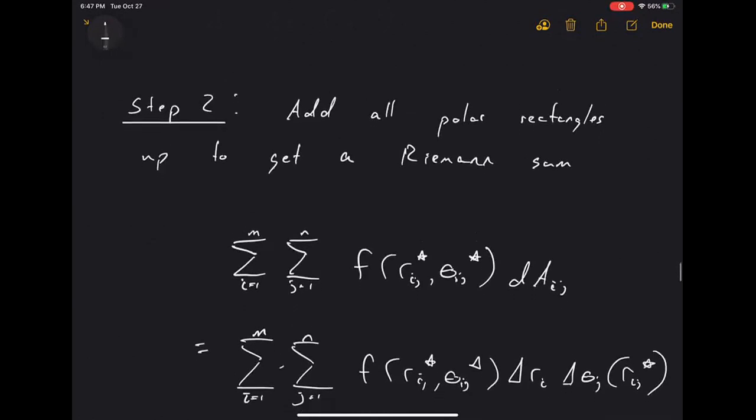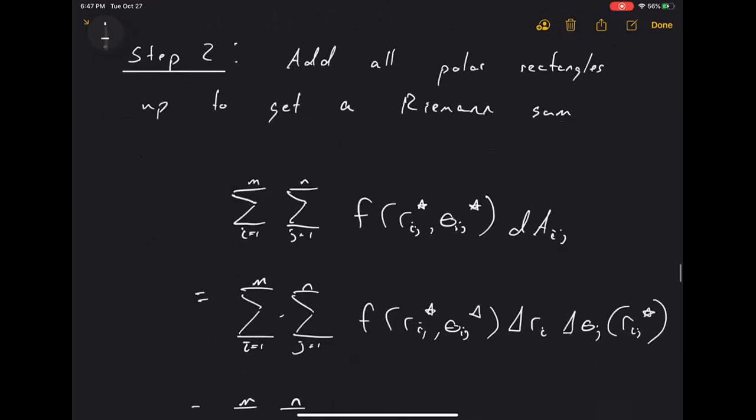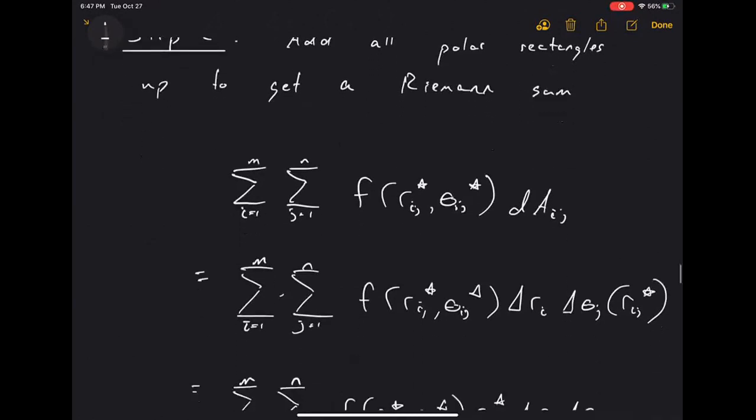And what does that look like? Looks like this, and this is looking familiar, right? This is looking like our Riemann sums for Cartesian coordinates. This should be a delta A_ij. That stands for the area of my base, the area of my polar rectangle.